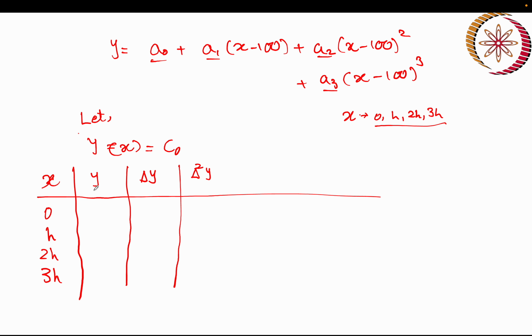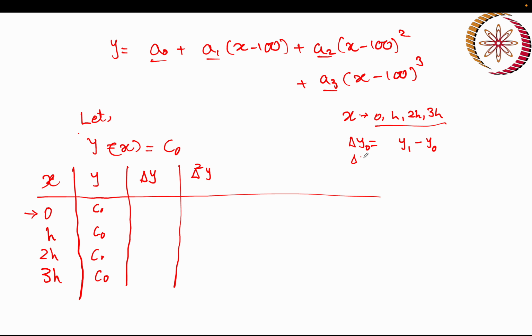If we find out the y values based on this function, they will be c0, c0, c0, c0. And the forward difference is nothing but, for this x0, it will be y1 minus y0.